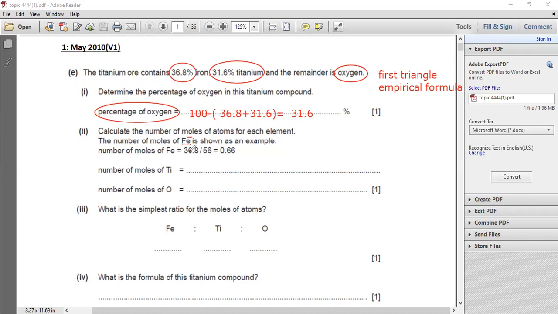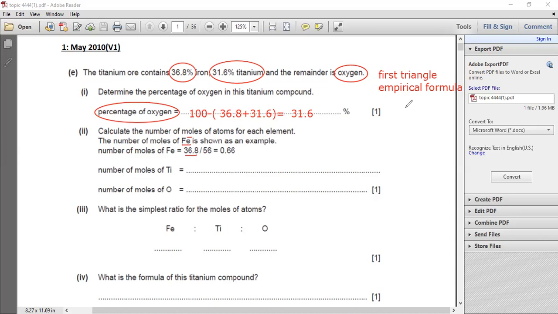What he did, he divided the mass of iron, which is already given, 36.8, divided by 56. This is the AR for iron. From where? From the periodic table. This is the mass number of iron.